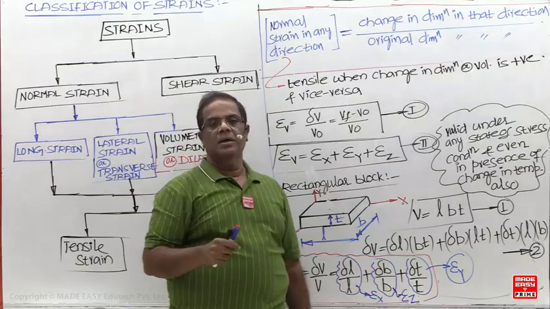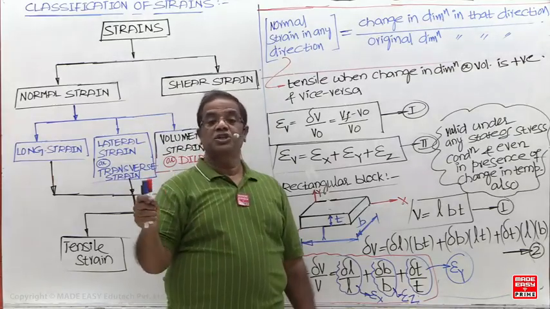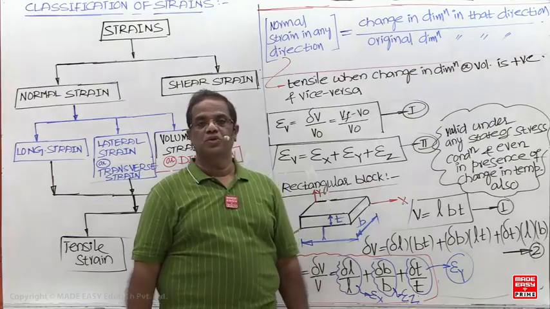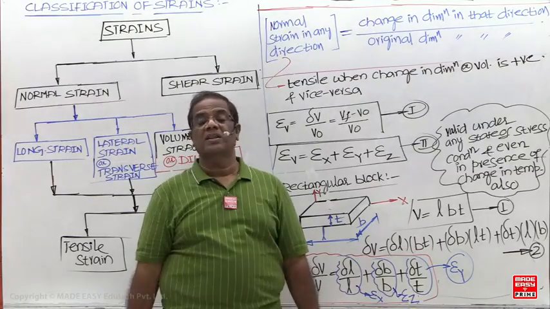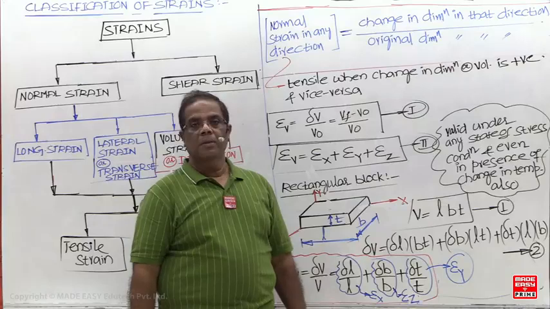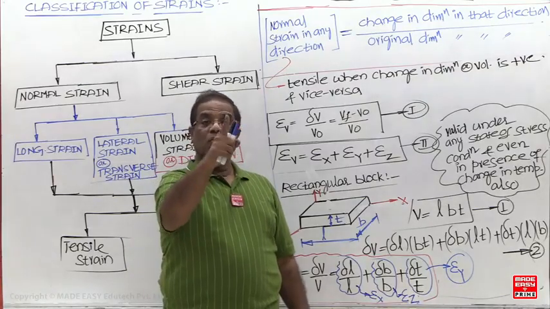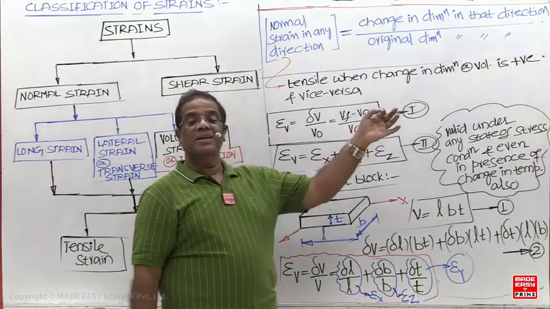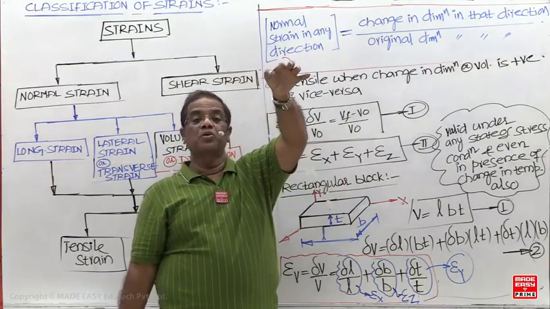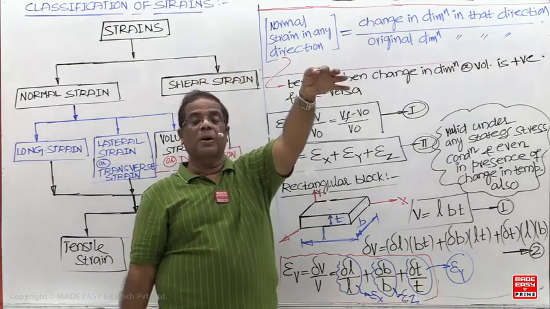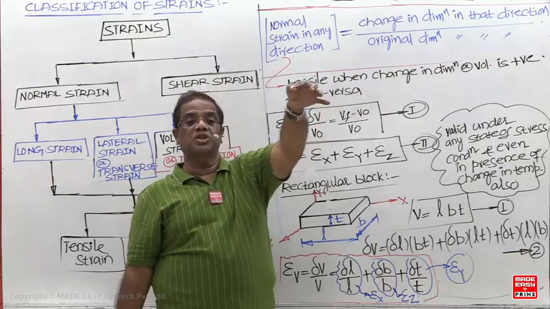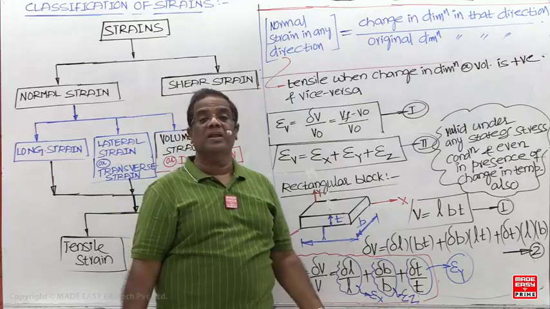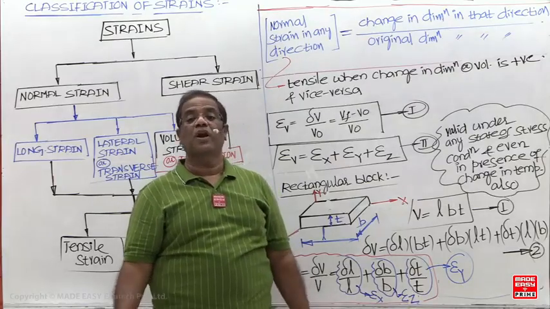Options: Young's modulus, shear modulus, bulk modulus, or Young's modulus and Poisson's ratio. Then you have to go for option D.